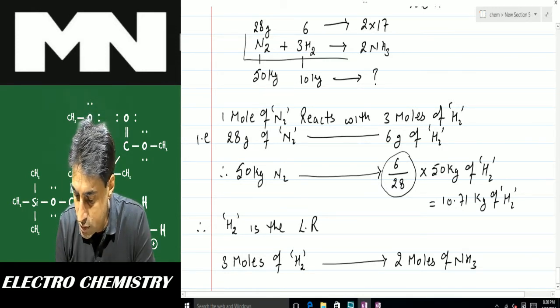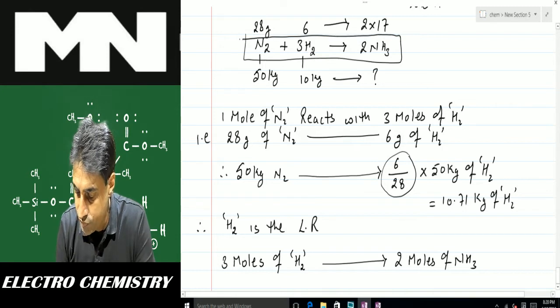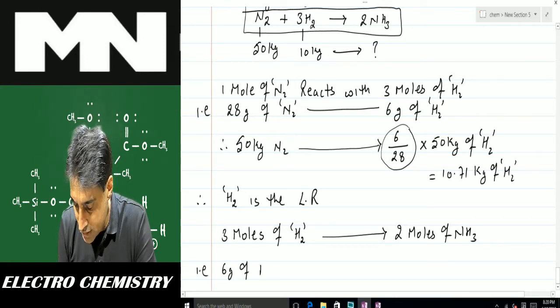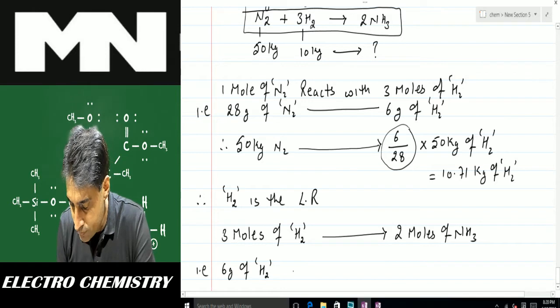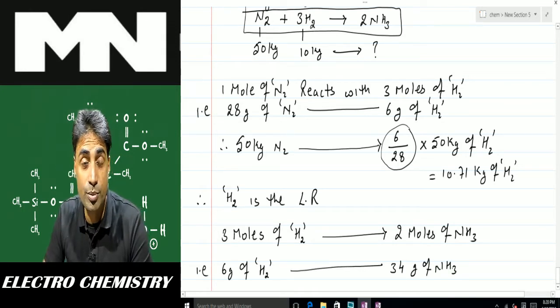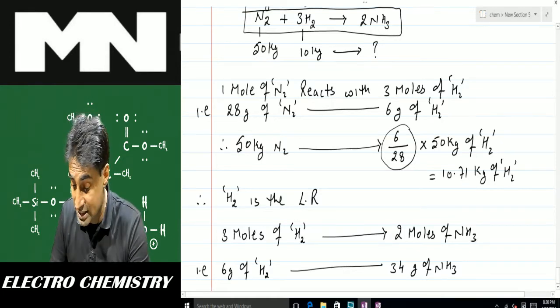Here you have this equation. In this you can see that 6 gram of hydrogen gives me 34 grams of ammonia. Well, the molar mass of ammonia is 17, so 17 into 2, that is 34 grams.